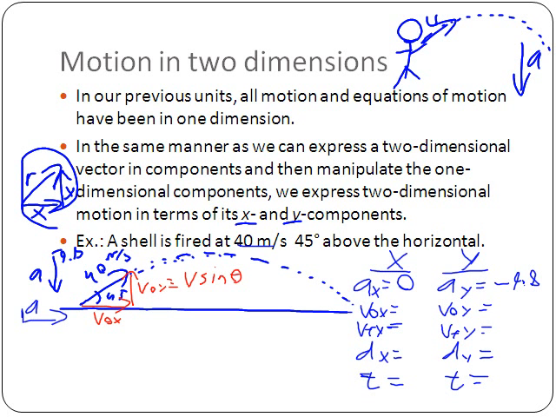In this case, that's going to be 40 times the sine of 45 degrees. Okay? If we go ahead and work that out, v sine theta in that case, if I'm doing my math correctly, should be 28.28. And so that would mean that our v naught y here is 28.28.